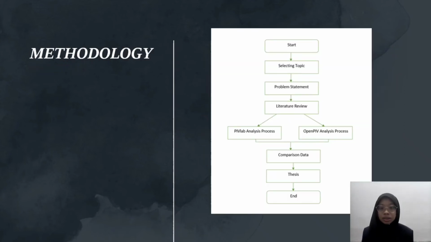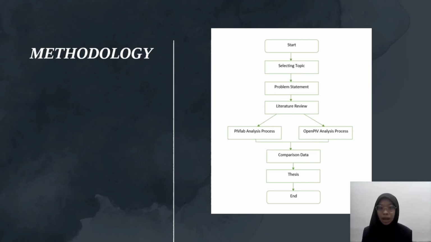Methodology part. This flowchart shows the overall process of this project, starting by selecting a topic and getting information through research, reading papers and books according to the PIV method to create the problem statement and summarizing it in the literature review part.